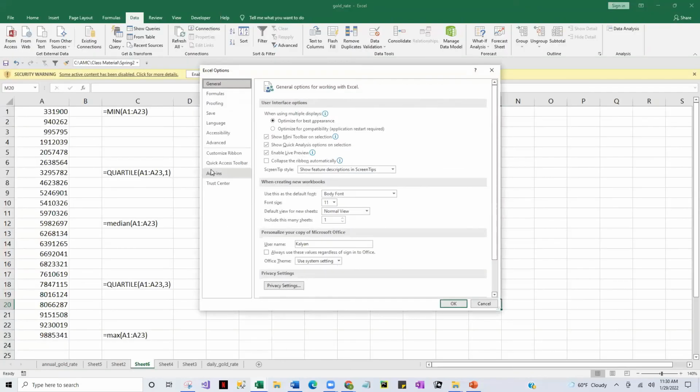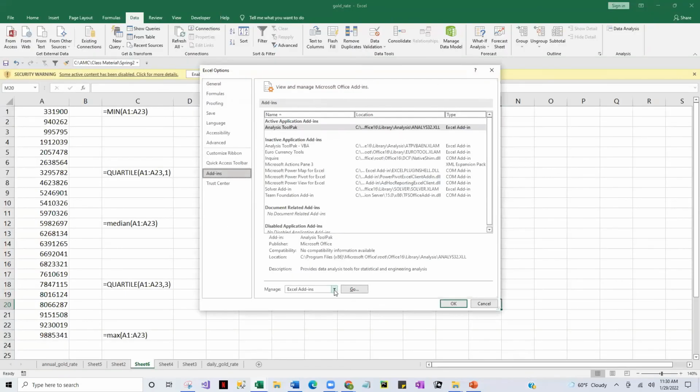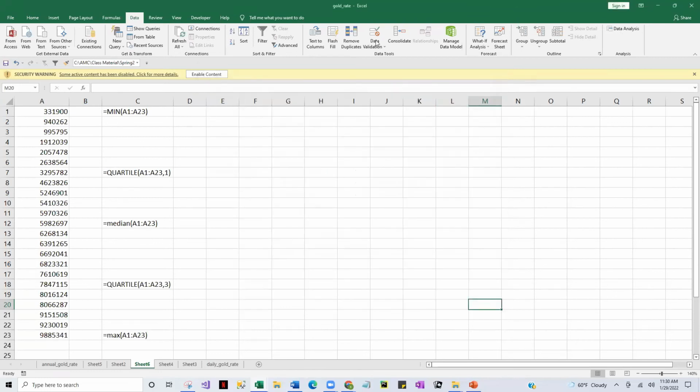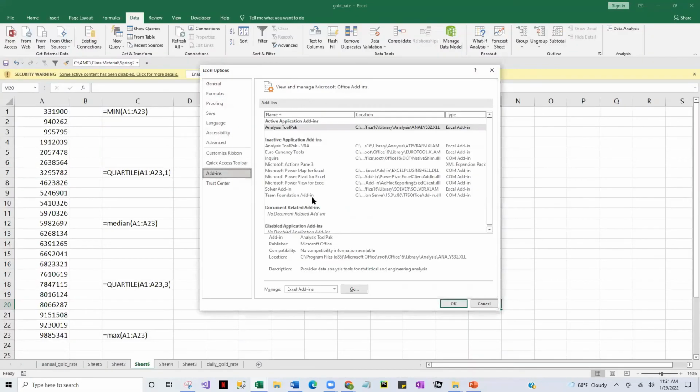Options, add-ins, and we'll be adding in here the analysis toolbar. I already have it. That's why I'm showing it here. If you don't have this data analysis, you may need to go to File, Options, and Add-ins, and add this analysis toolbar.